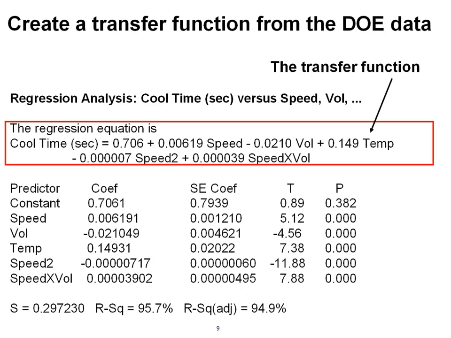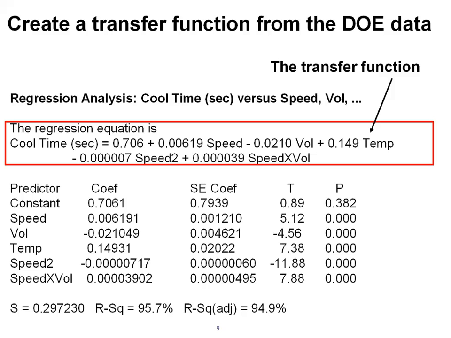And basically, I just call your attention to the item in the red box. That is the equation built from observed data that describes cool time of that system. So you can see that the fan speed, no surprise, is an important factor. The volume of serum in that sample is important. More volume requires transfer of more heat.